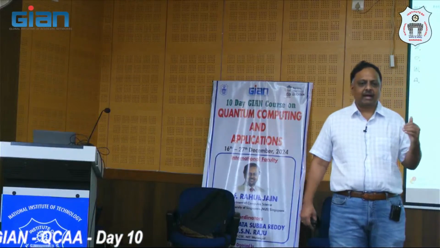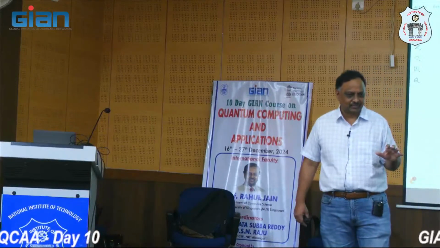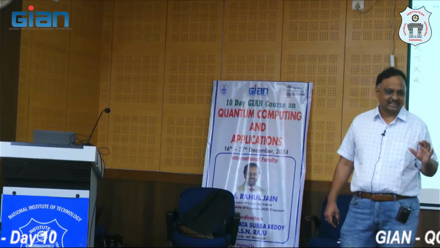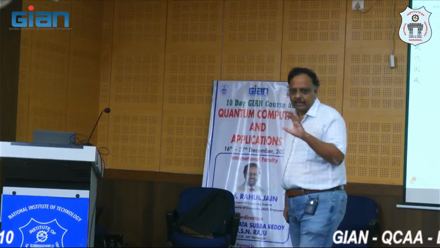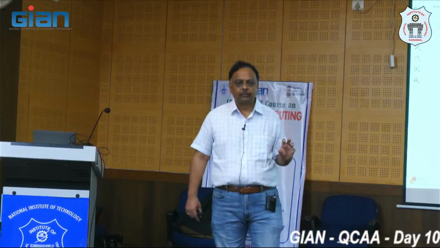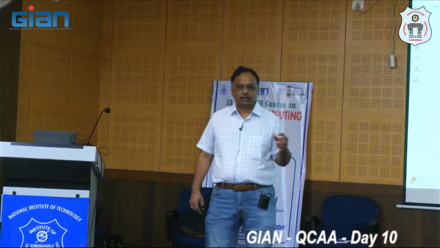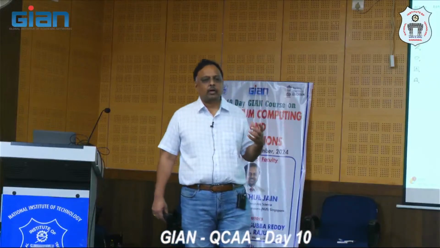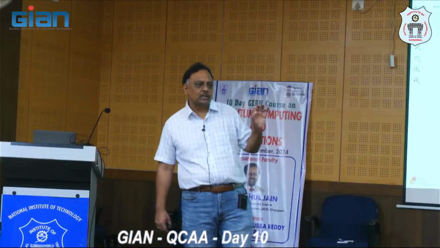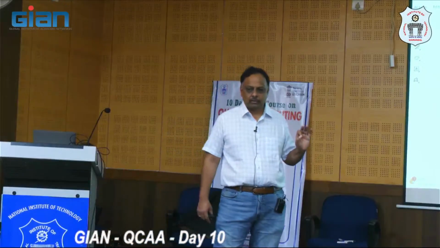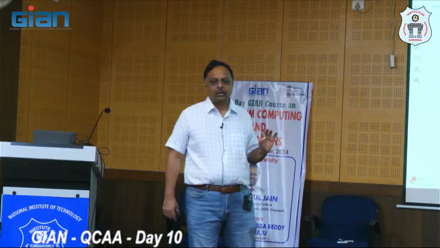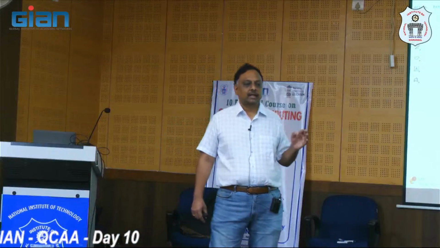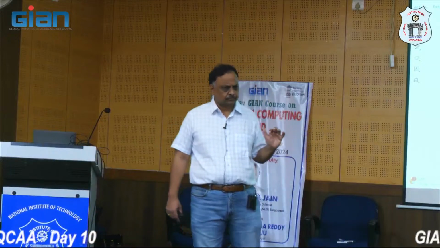Ground energy means the lowest eigenvalue. Energy is essentially eigenvalues, and eigenstates are energy states. So they are trying to determine the lowest possible eigenvalue of that Hamiltonian, and the corresponding eigenstate.